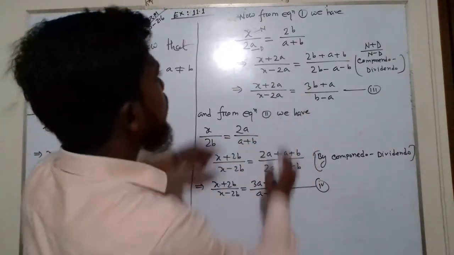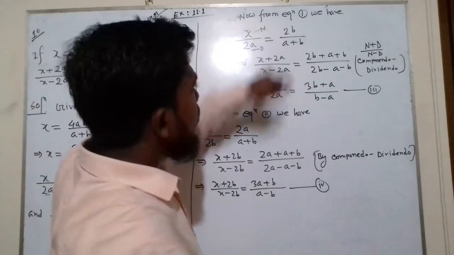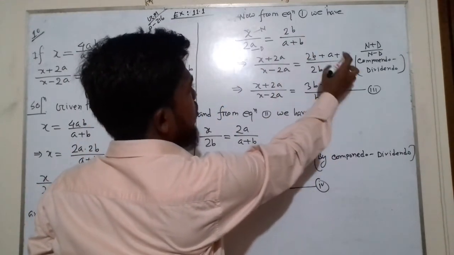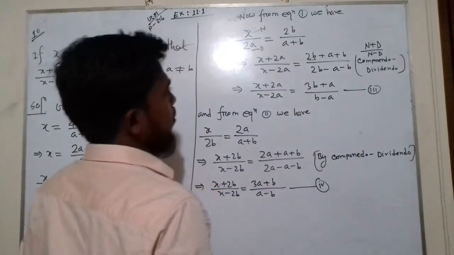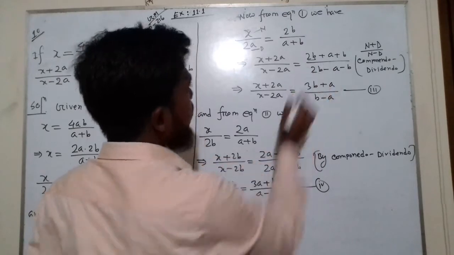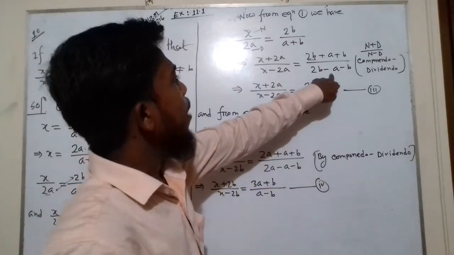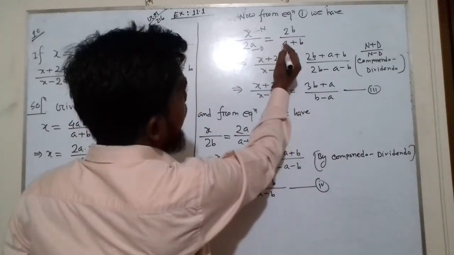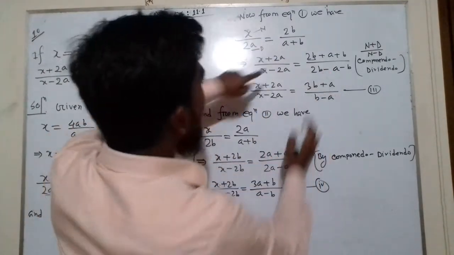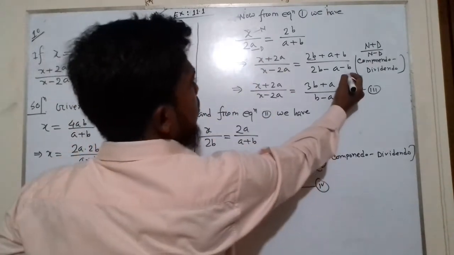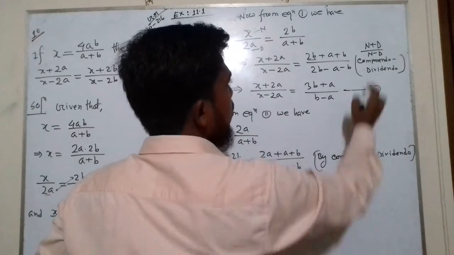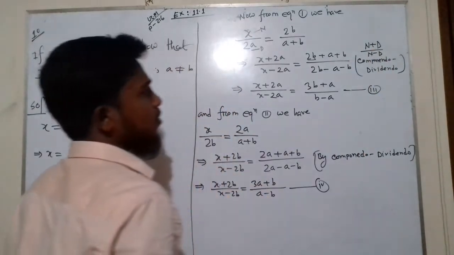This equals 2b is the numerator plus the denominator, a plus b, divided by 2b, this is numerator part minus denominator. If we multiply minus, then plus and minus is minus, and plus and minus is minus. So this is the formula of numerator plus denominator divided by numerator minus denominator.